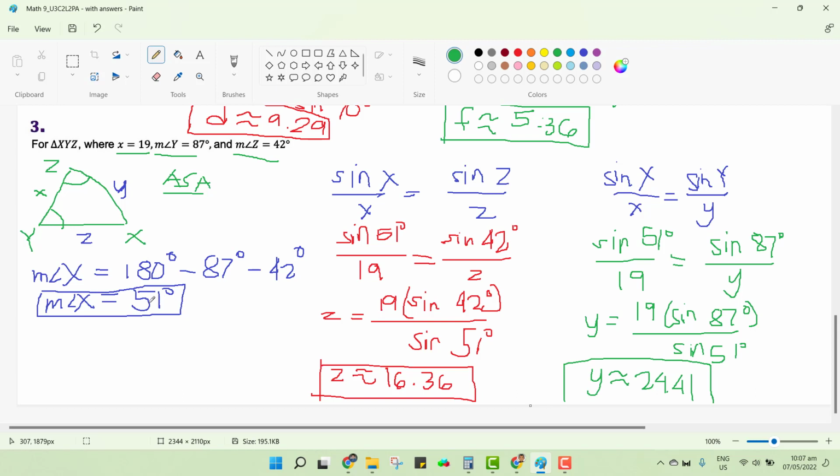So we have solved the remaining angle and the other two sides. Let's check whether our answer is correct or not.